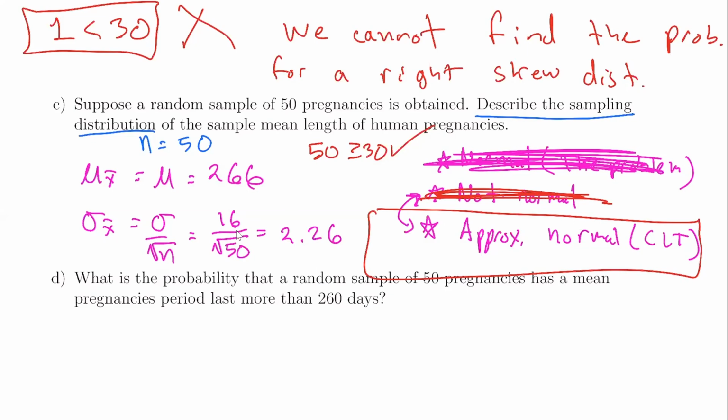So you do need to figure the 2.26 out. Anytime it says describe the sampling distribution, you want to get mu of x bar, sigma of x bar, and also the distribution. It was that describe part that I was missing. Correct. Those are the three things that you want to describe. All right. Any questions in regard to C?